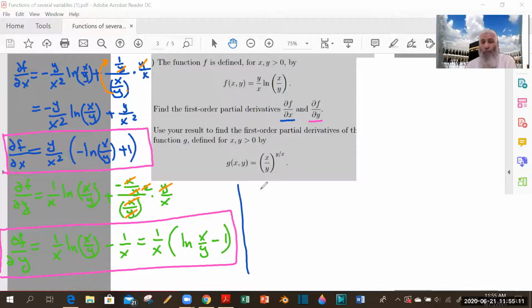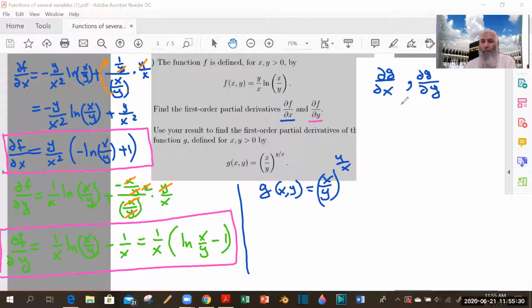Now we have g of xy equals x over y to the power y over x. We need to calculate dg dx and dg dy, the first derivative with respect to x and with respect to y. It is very complicated in this form, but we can take ln of both sides.